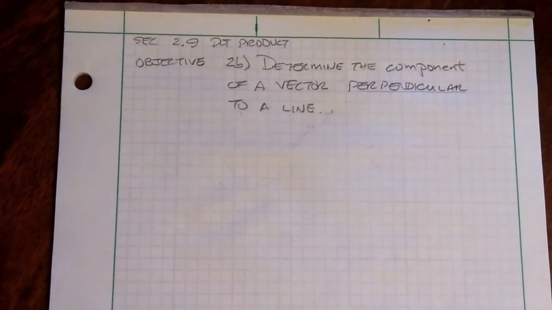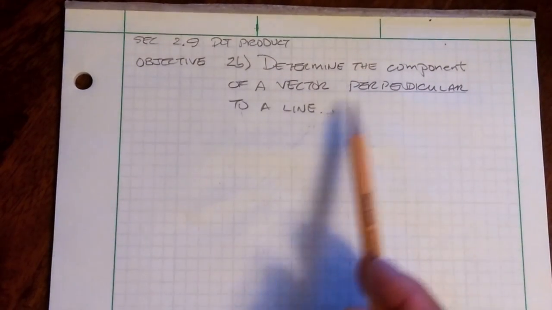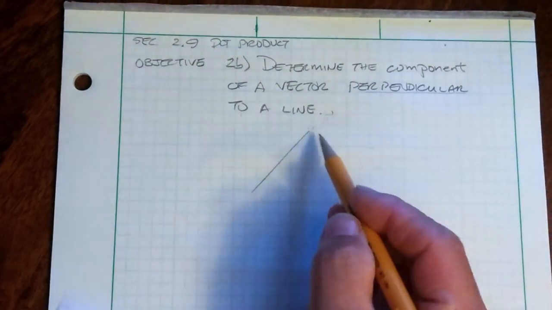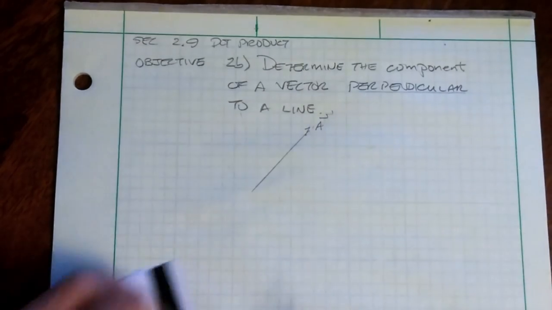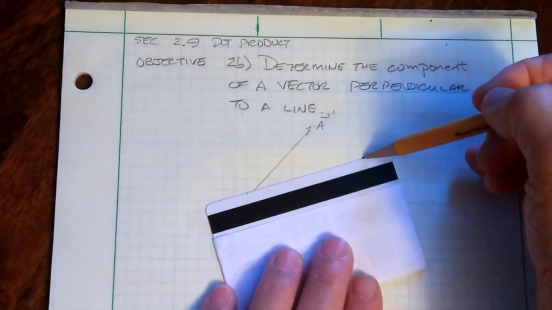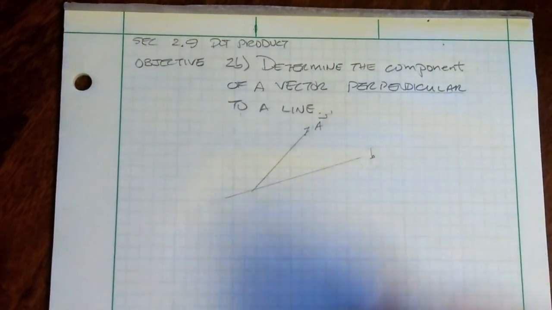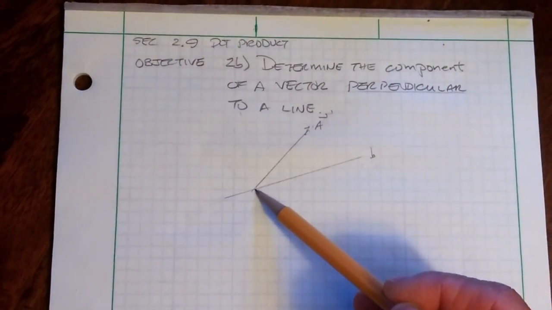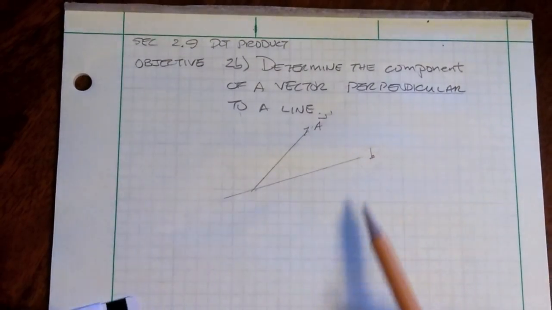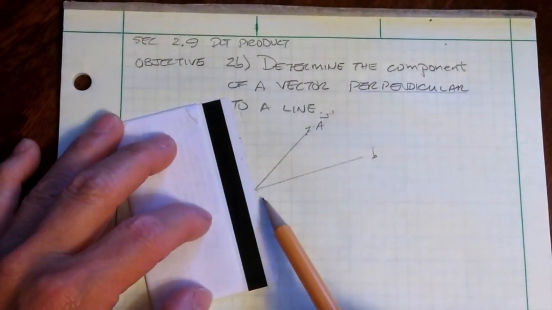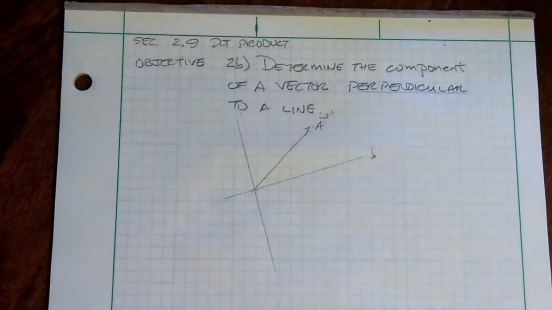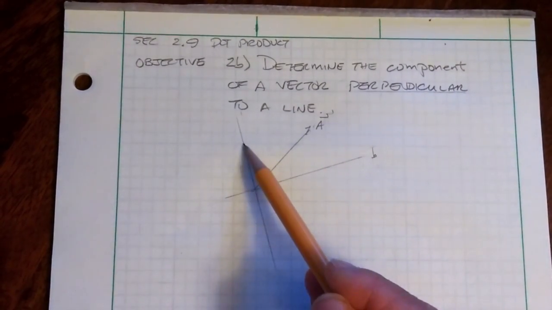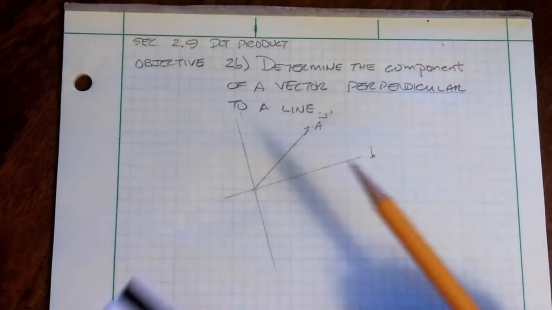Objective 2b is to determine the component of a vector that's perpendicular to a line. So we'll use the same setup as before, where we have vector A and that line B, and now what we want to do is find the component of this vector that's perpendicular to this line. Simply, that would be that perpendicular line, and we want to project vector A onto this line.